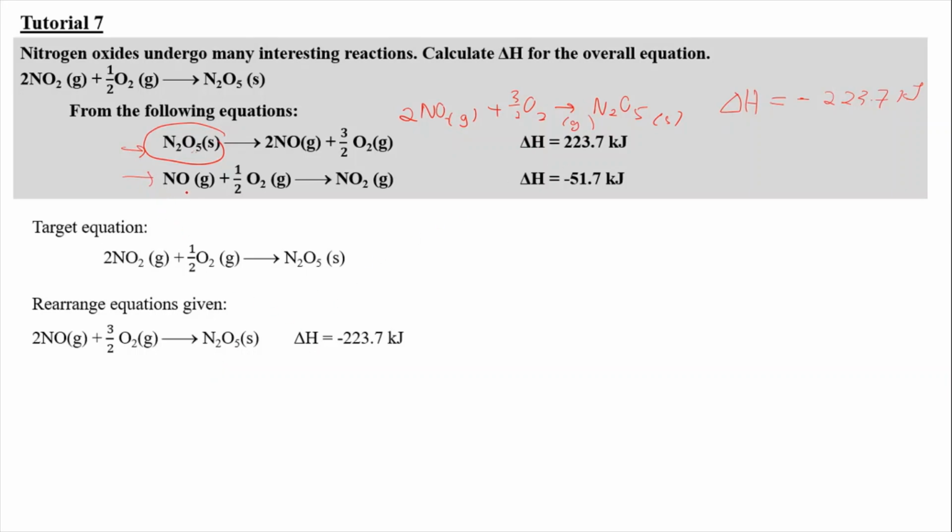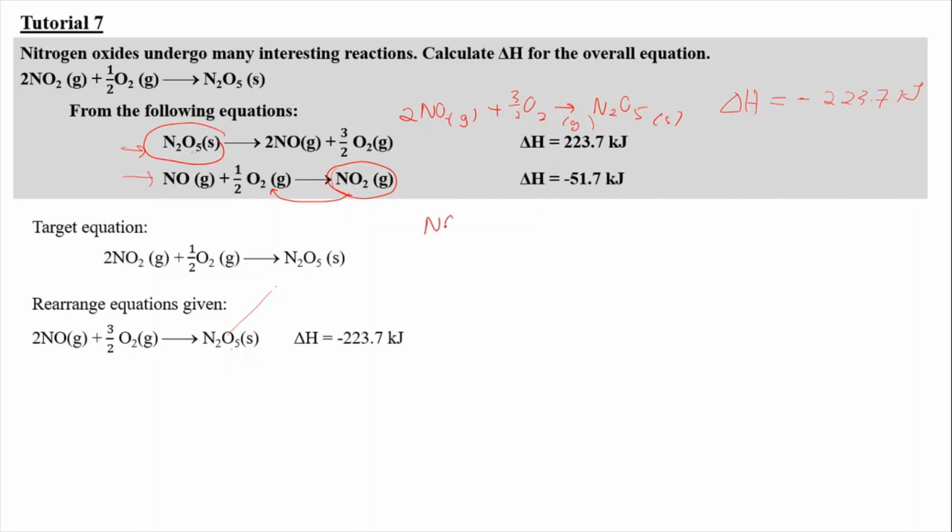All right. Now, as you can see, N2O5 is the same. Okay. But now I need NO2 to be on the reactant side so that it is the same as this one. Okay. So I need to bring this to the reactant side.